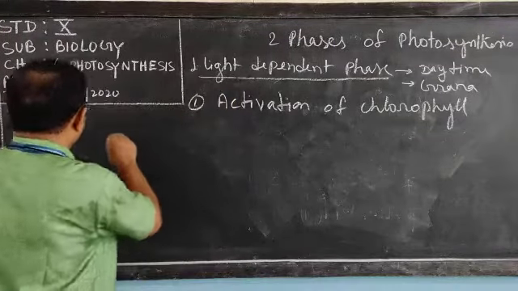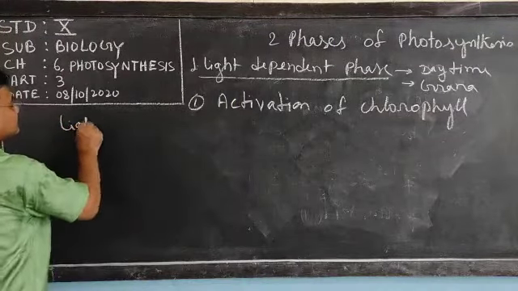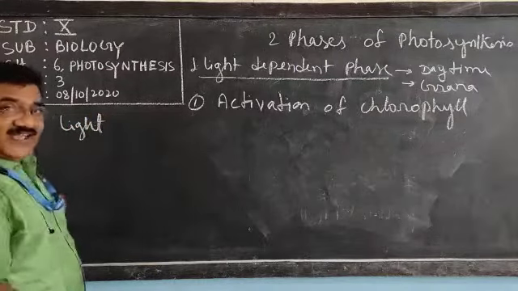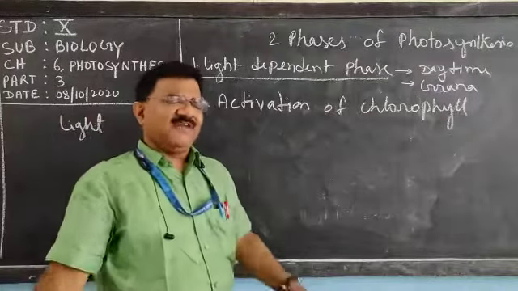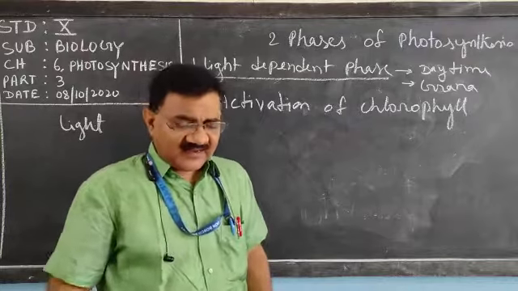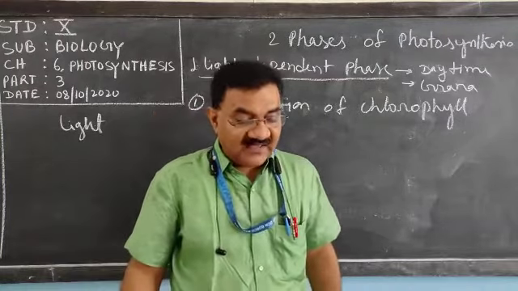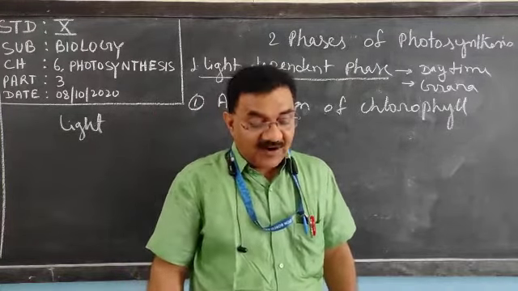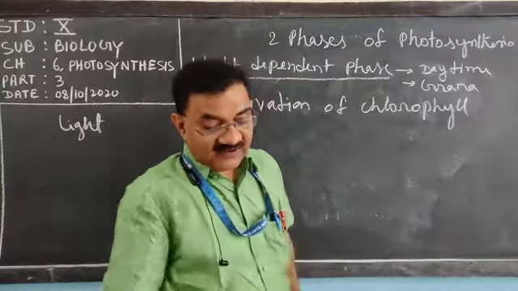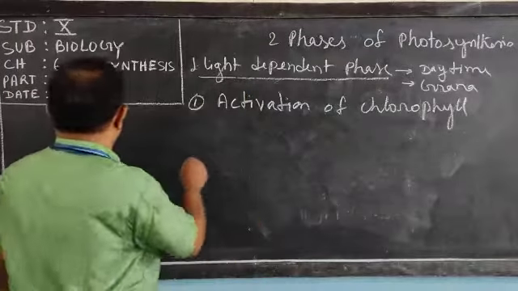As far as light is concerned, light is a form of energy. We read from the junior classes that light is a form of energy, and it is made up of a small unit called photons.